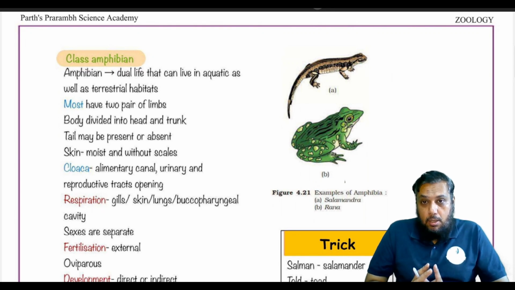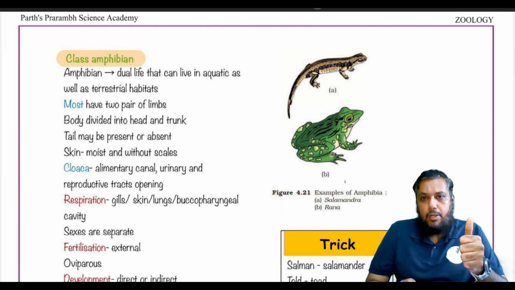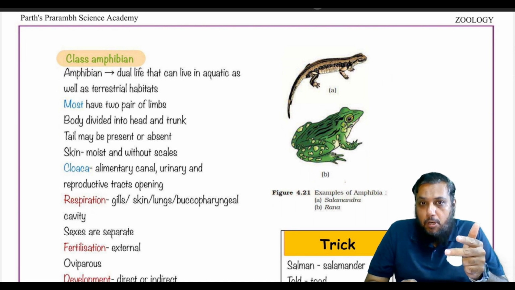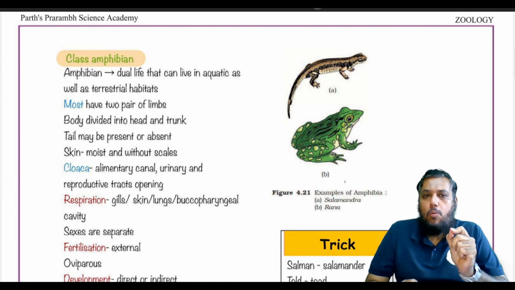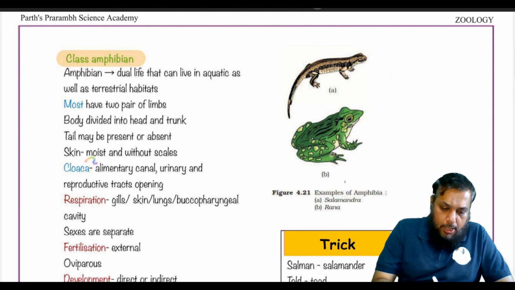One more feature that you'll observe here is that their alimentary canal that removes the feces, the urinary bladder that removes the urine, and the reproductive tracts that release the sperm and the ovum, all have a common opening, and that common opening is called the cloaca. So, what's the cloaca?